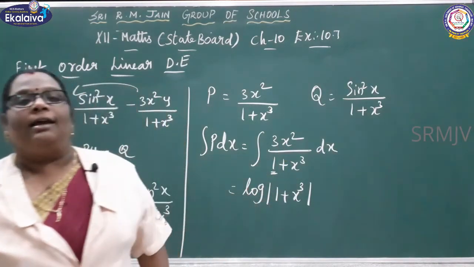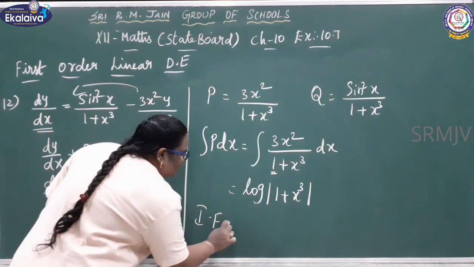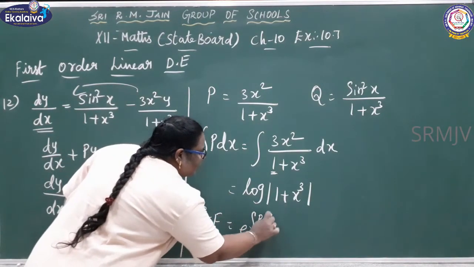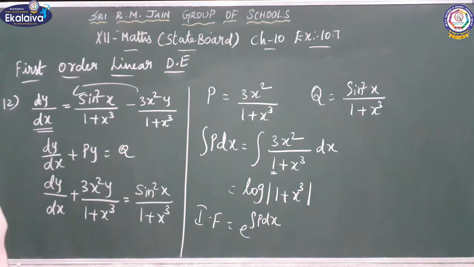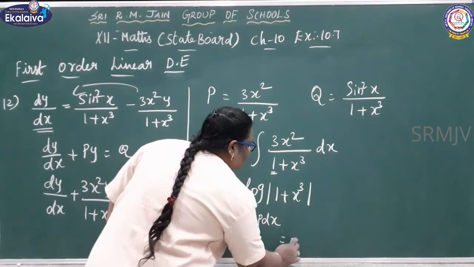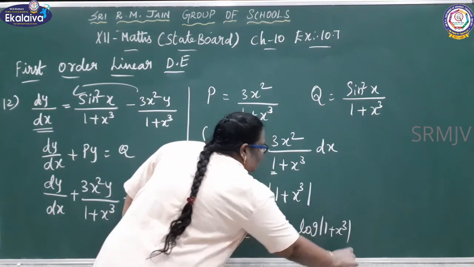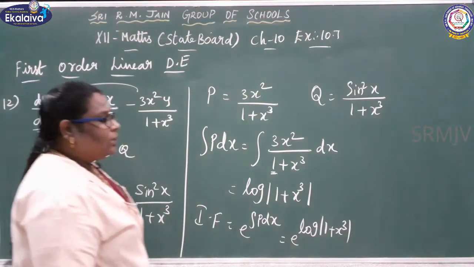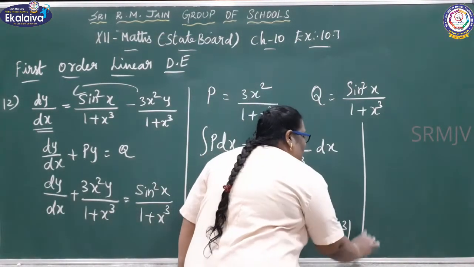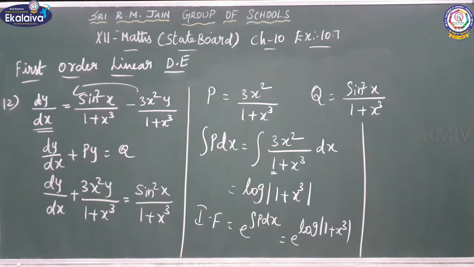Now we want the integrating factor equal to e power integral p dx. E power integral p dx equal to e power log of modulus of 1 plus x cube. E power log value is 1.